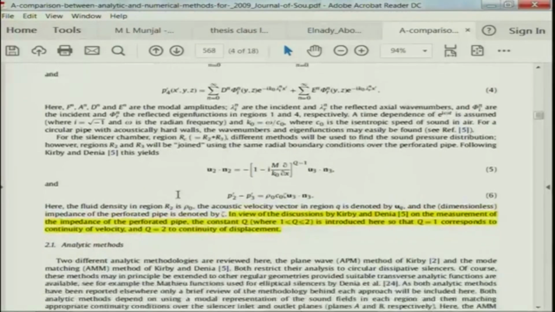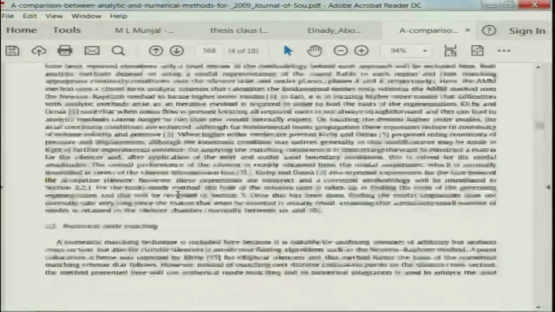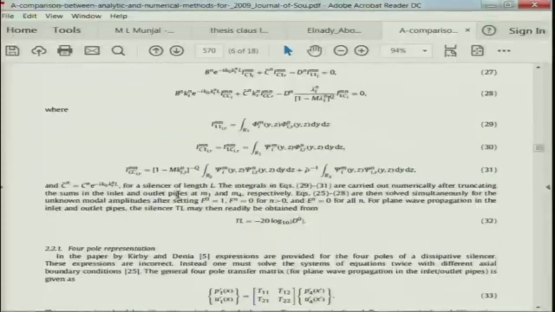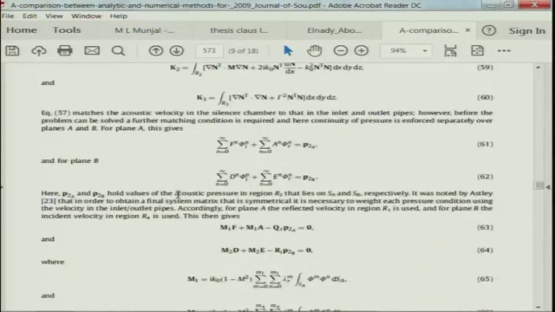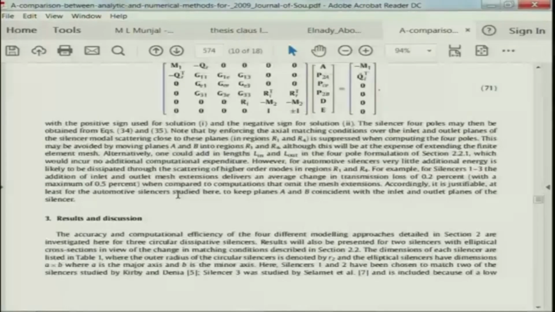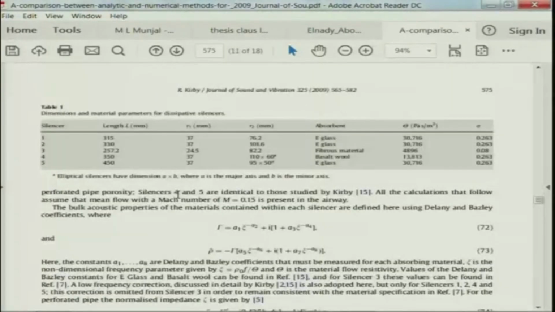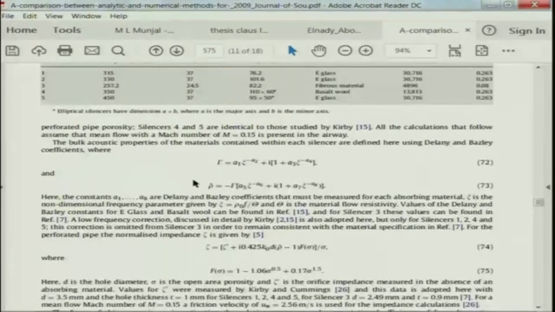This paper is devoted to something else, a finite element development for analyzing such configurations, but the take-home message is to have a look at the perforate impedance expression.